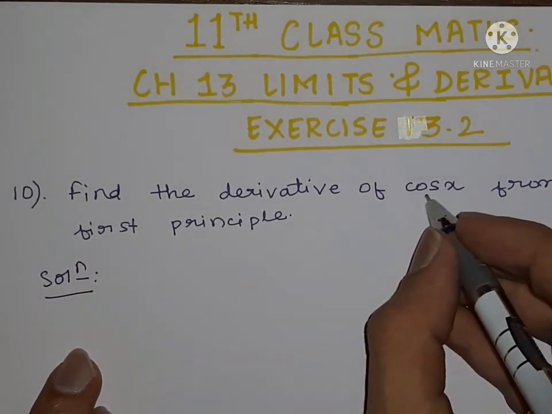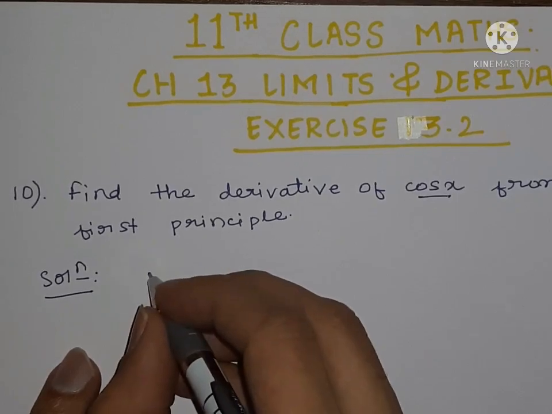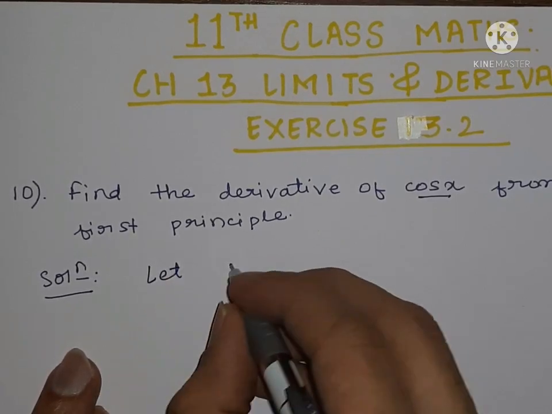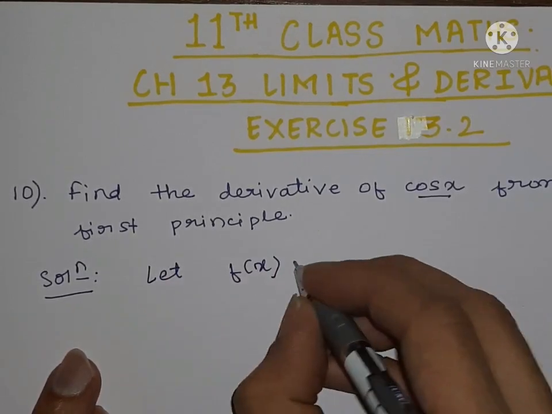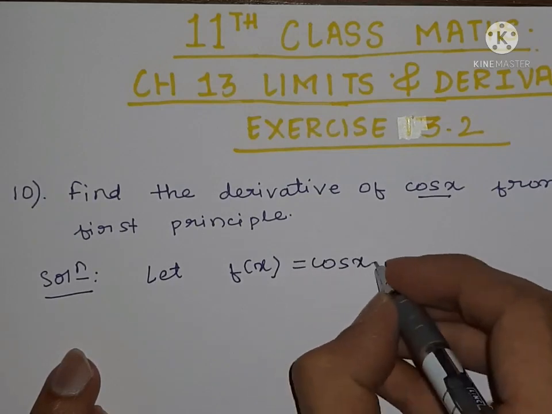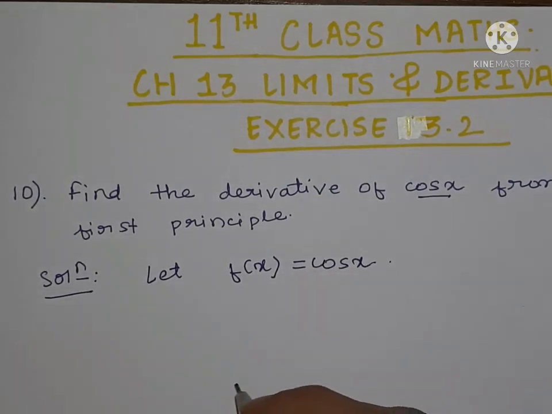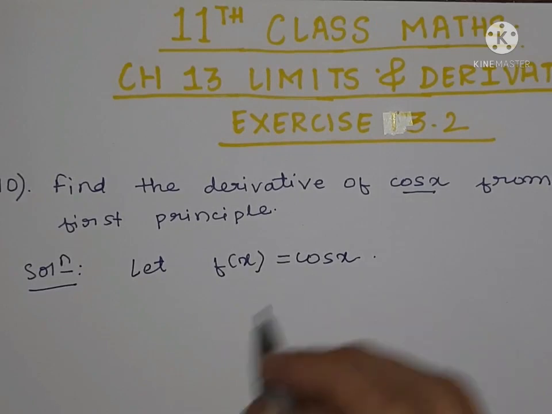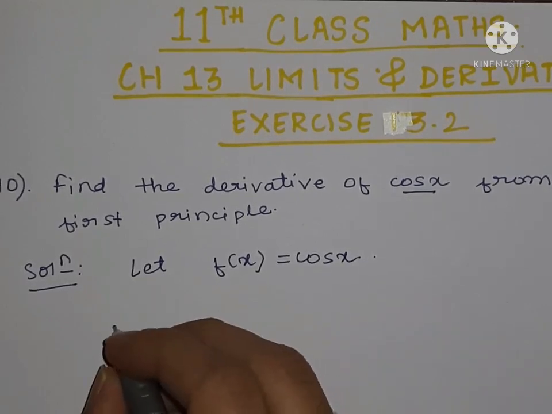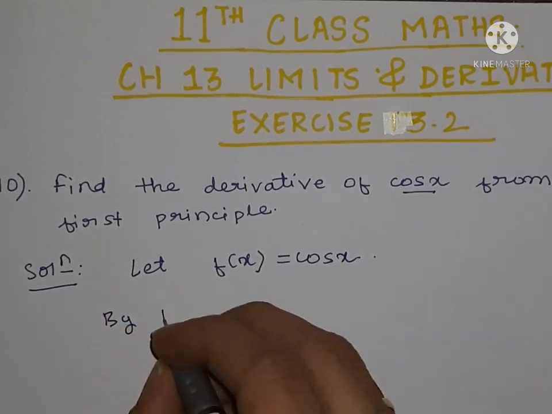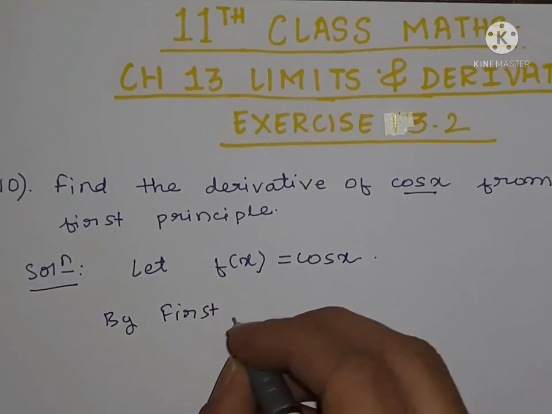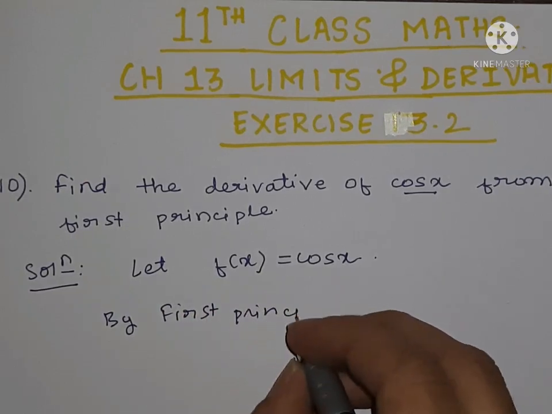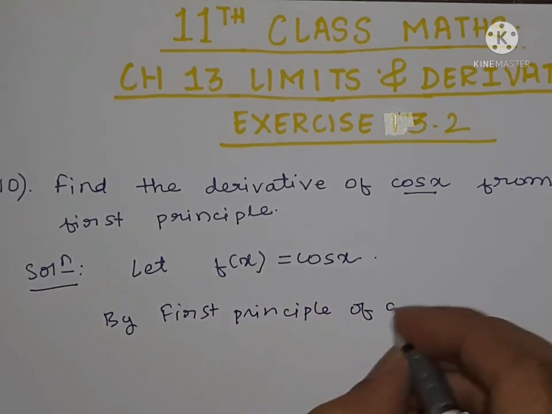So let this function which is given be f(x). So let f(x) be equal to cos x. Okay. Now by first principle of derivatives, what you will get?